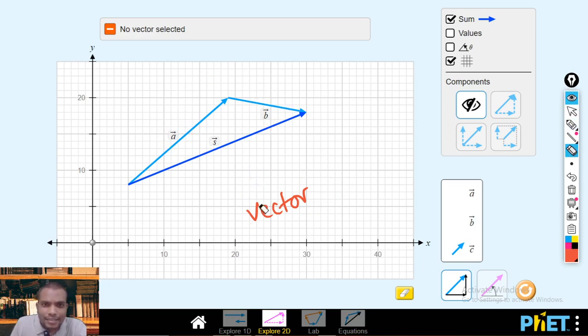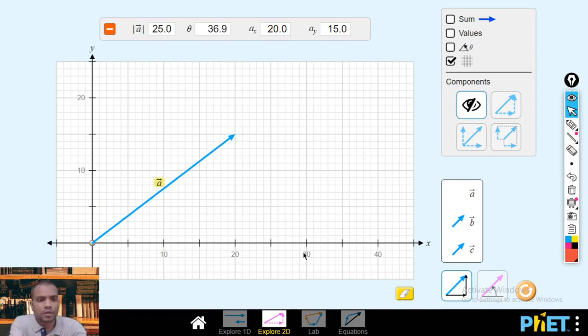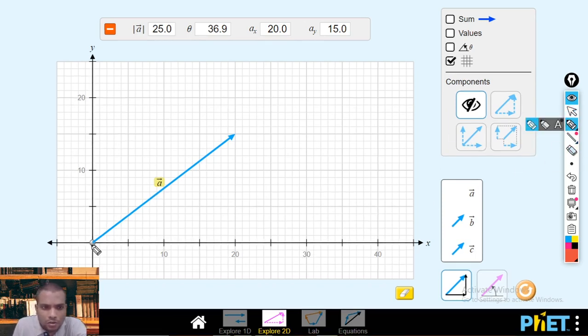Let us understand in depth how the vector resolution takes place. Suppose we take a single vector. Any vector is resolved into two components, its horizontal component and its vertical component. So this is a vector, with the horizontal component along the x-axis and the vertical component along the y-axis.